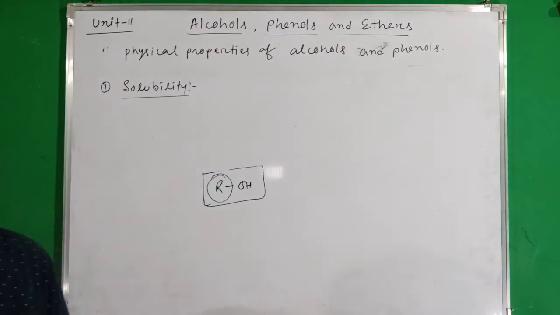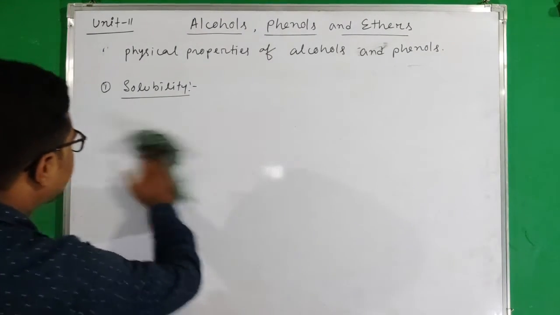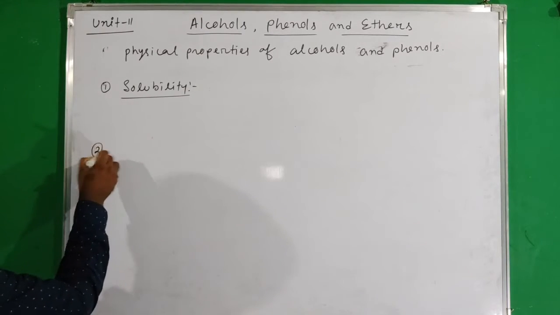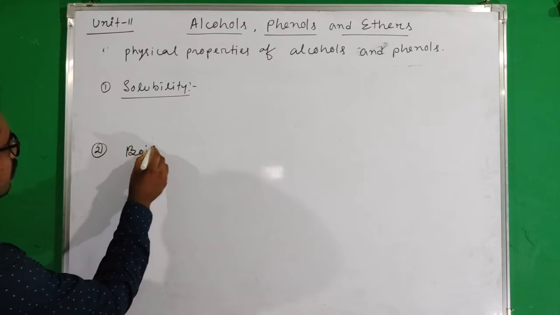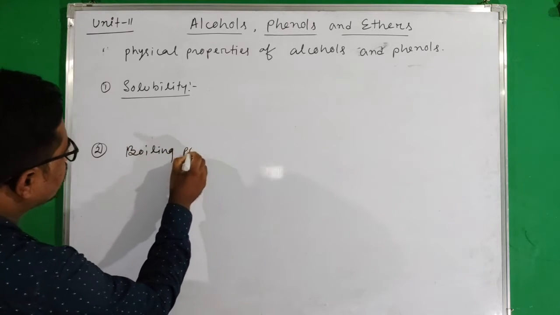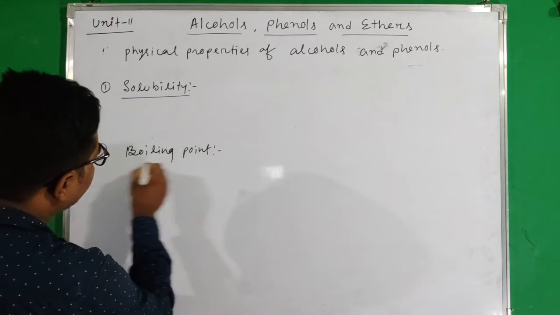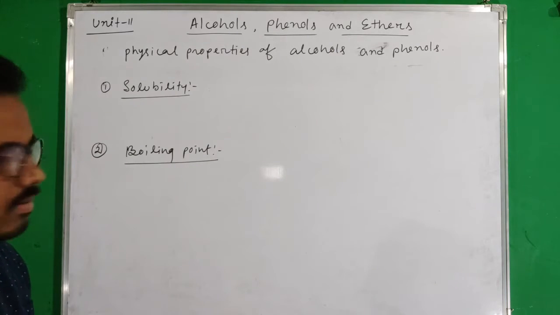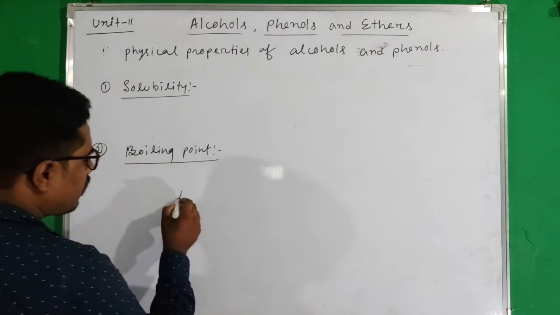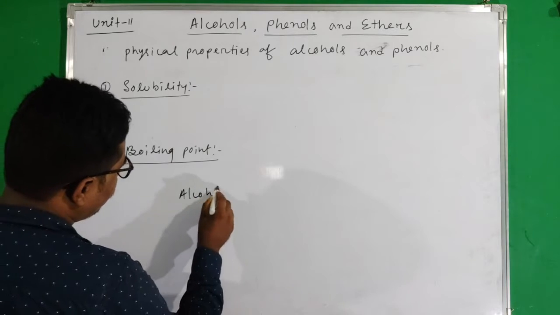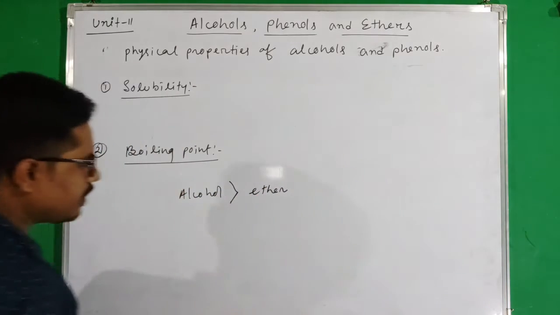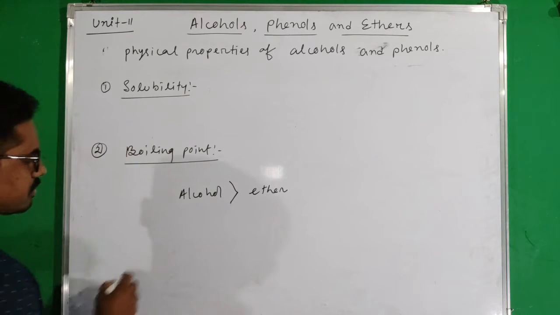And after that we have to discuss number 2, that is boiling point. Okay, and now the boiling point of alcohol is always higher than ether of same molecular mass.